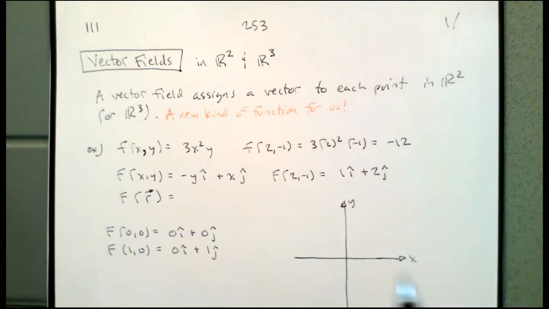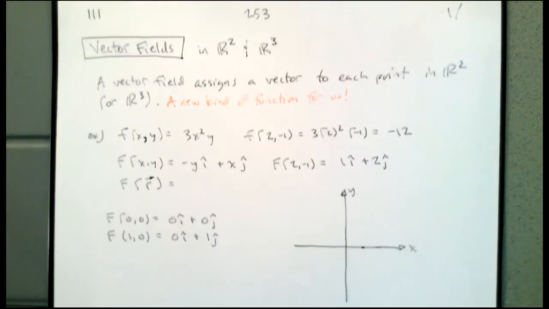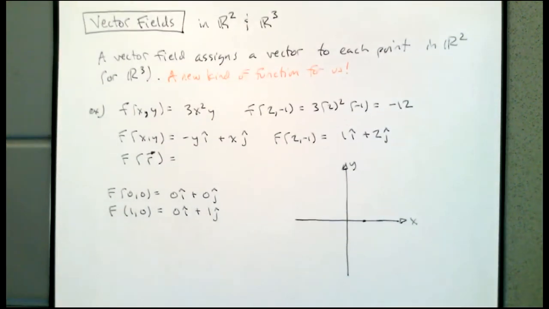at the point 1, 0, we draw the vector 0, 1.